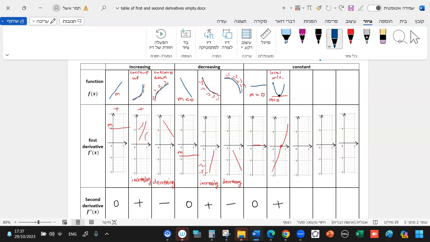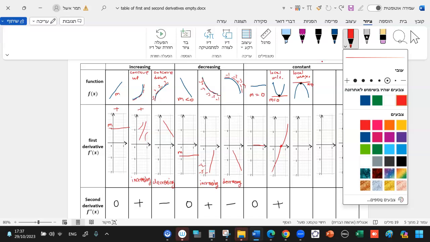Another case is when we have local maximum. At this maximum point, the function is constant only for this point. We have a gradient that equals 0. This is local maximum. And here you can see that to the left of the maximum, the function is increasing.